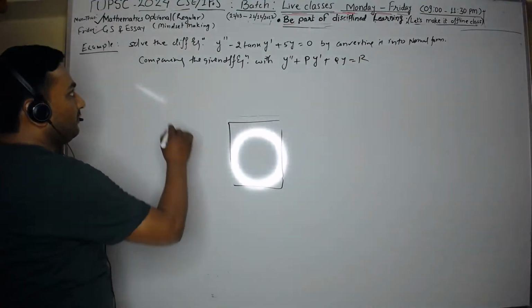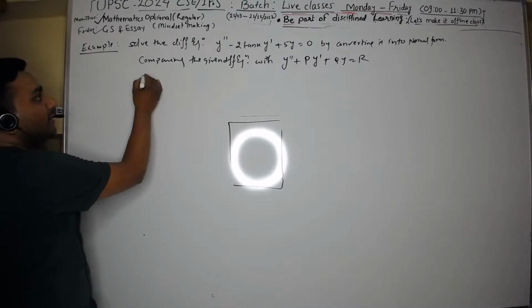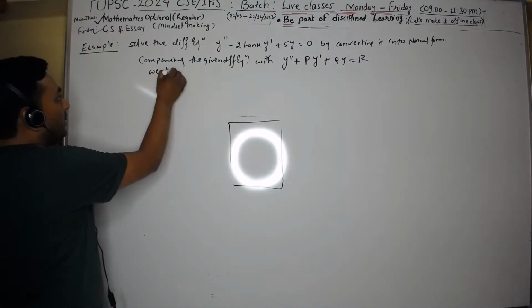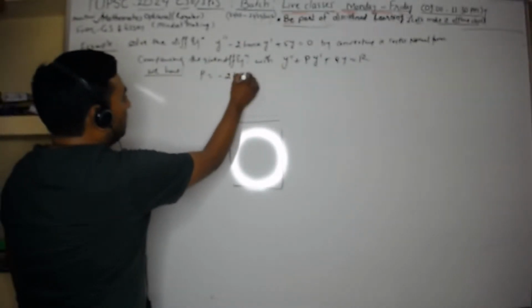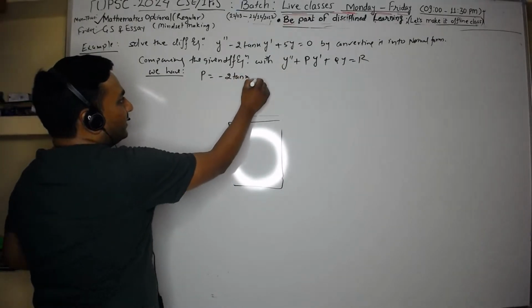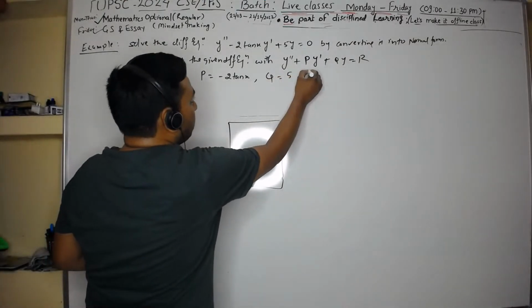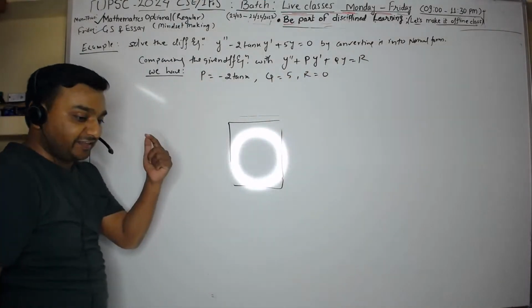What will we have, my dear? Tell me. We have P as minus 2 tan x, Q as 5, R as 0.